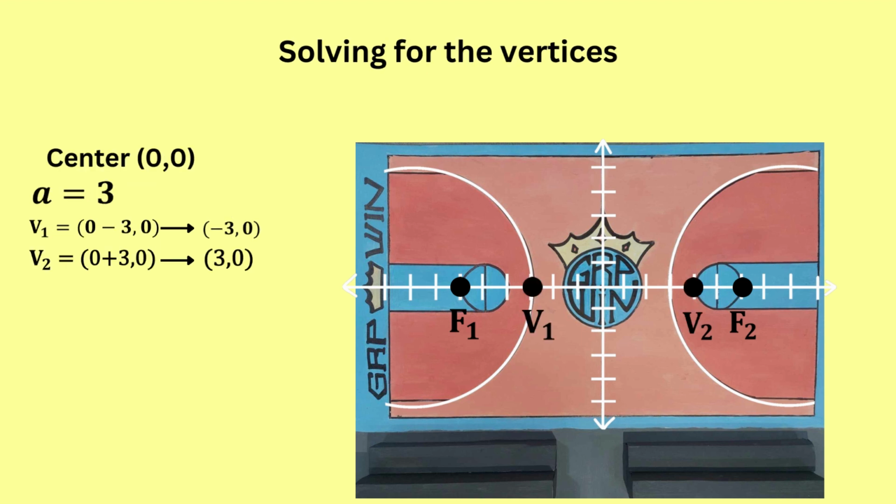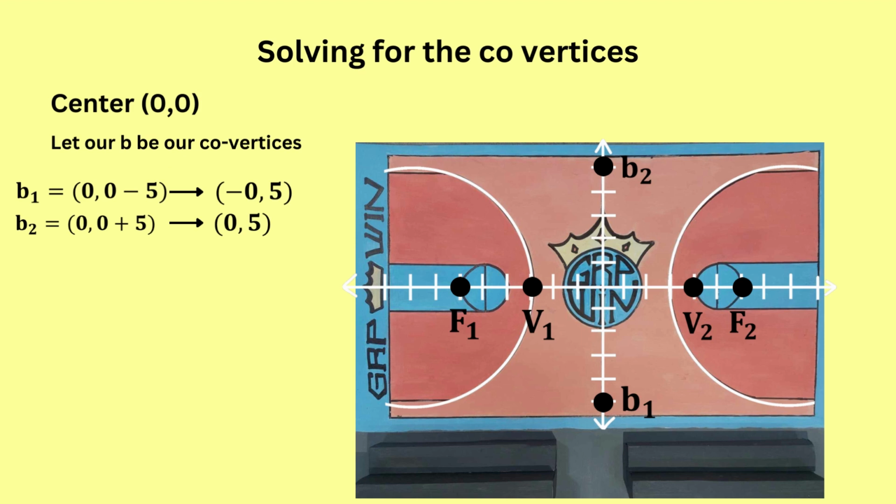Then we solve for the vertices by adding and subtracting the value of a, which is 3, in the x of our center, giving us vertex 1 at (-3, 0) and vertex 2 at (3, 0). Lastly, we solve the co-vertices by adding and subtracting the value of b, which is 5, in the y of our center, giving us (0, -5) and (0, 5).